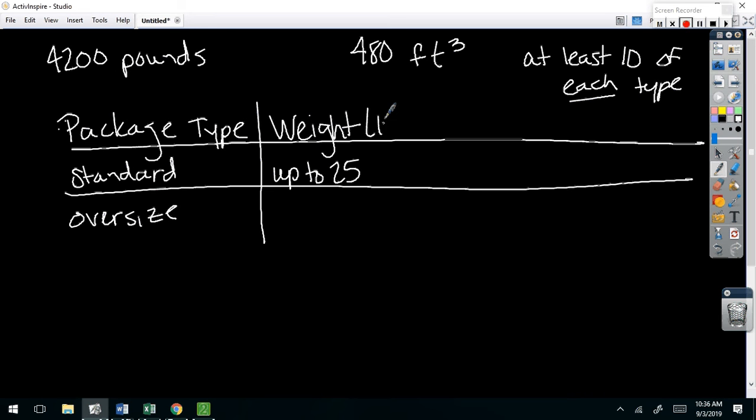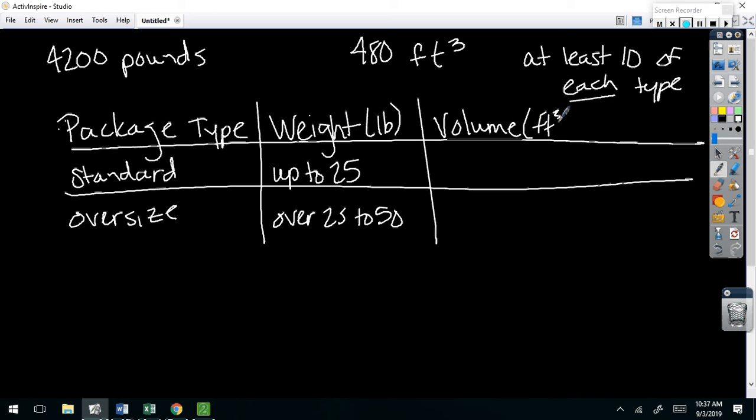Up to 25, and this is from over 25 up to 50. Anything over that, they ain't shipping. Volume. It's in cubic feet. Standard one is up to 3 cubic feet. And oversize is over 3 up to 5.